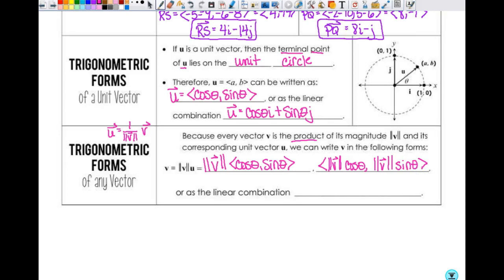Or as a linear combination, the magnitude of v times the cosine of theta times i plus the magnitude of v times the sine of theta times j. Okay, so there's a ton of definitions type stuff. Let's go look and see how we're going to use all this on the back.